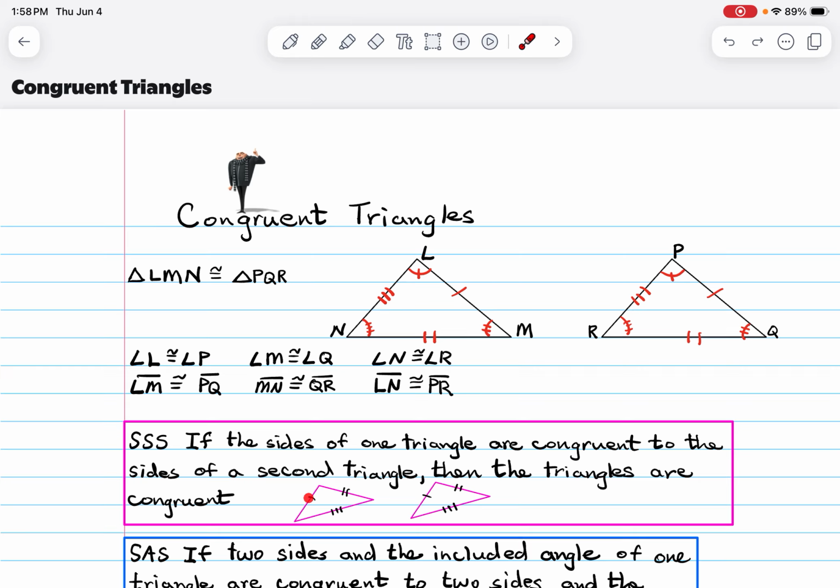So, for example, in this triangle, this side is congruent to that one, this side congruent to this one, and this side to this one. You don't need to know the measurement of the angles. That's enough to tell you that those two triangles are congruent. And we call that side, side, side.